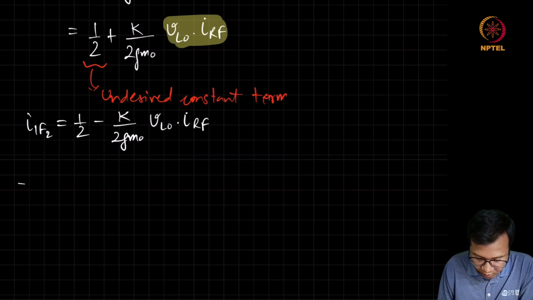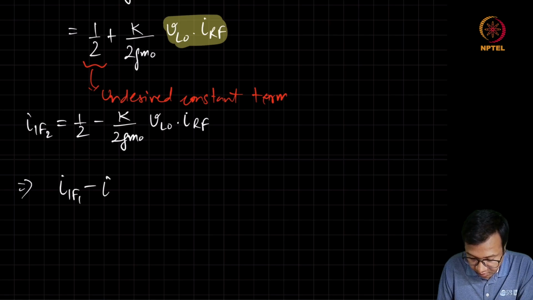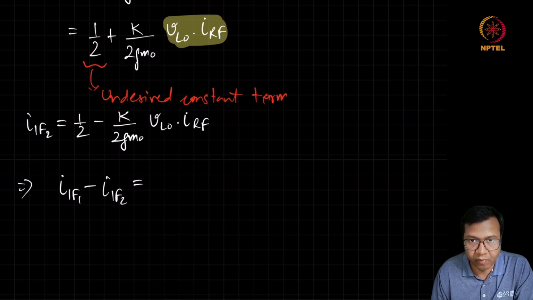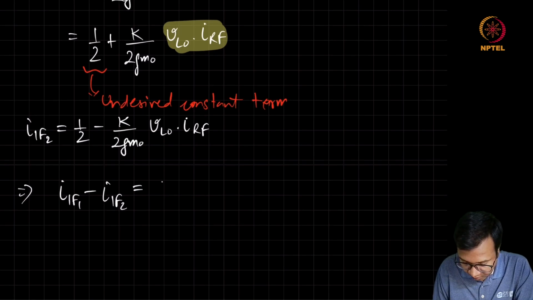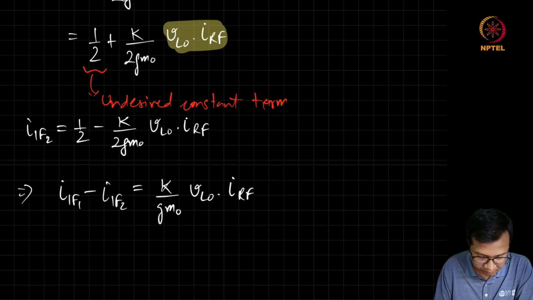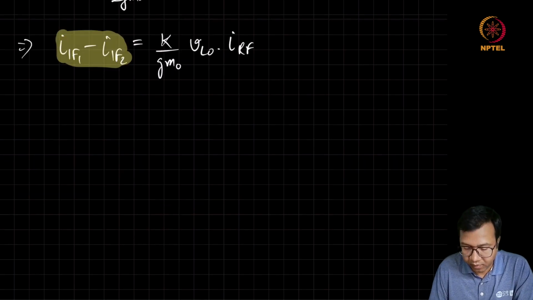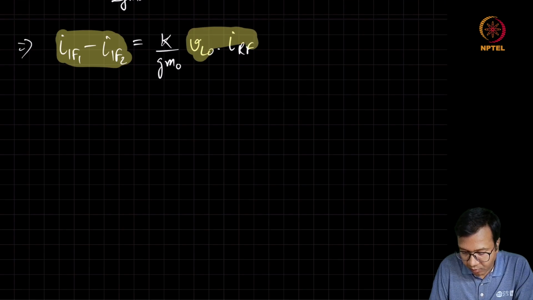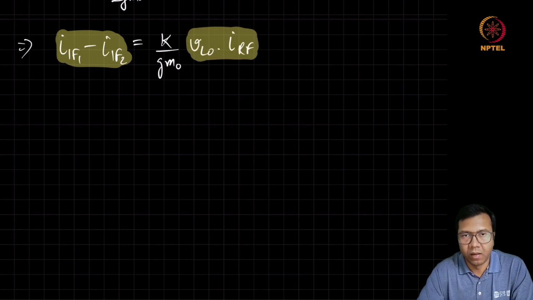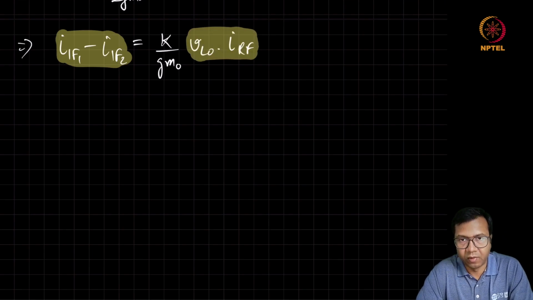So if I have a way to take difference of these two currents, I can see that this half term will vanish and I will have just K by GM0 VLO into IRF. So a differential current output will be just a function of product of these two quantities scaled by a constant.